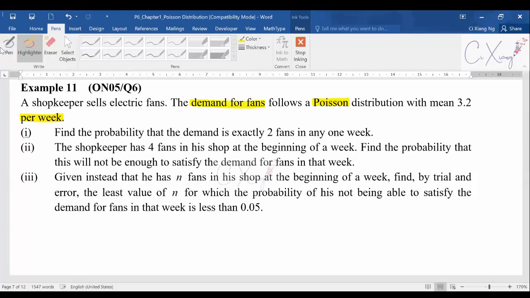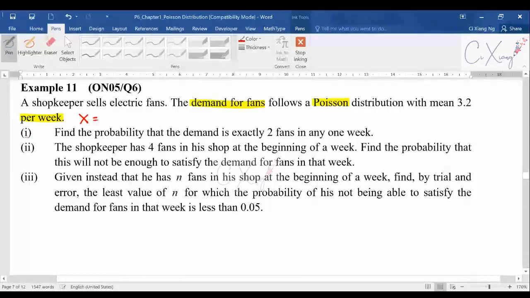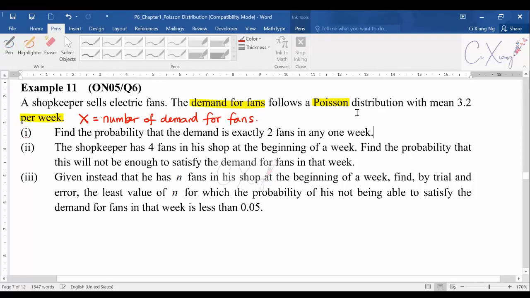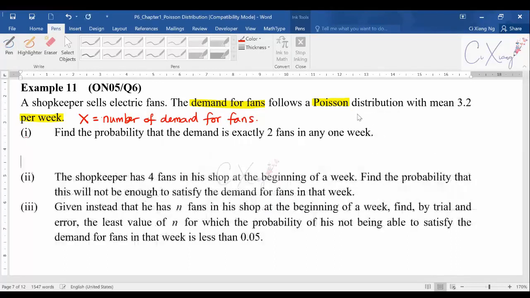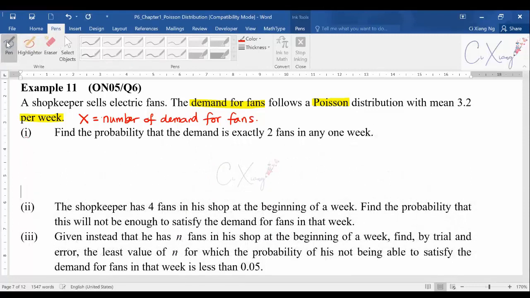So X is equal to the number of demand for the fans, because from this question they tell you that it is the number of demand.